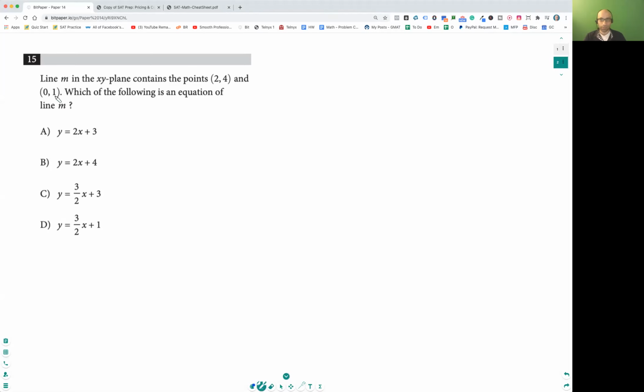Okay, so line M in the XY plane contains these points, and we need to find the slope. Okay, guys, this problem you should get in like 10 or 15 seconds. I'm giving you the hint, it's right over here.